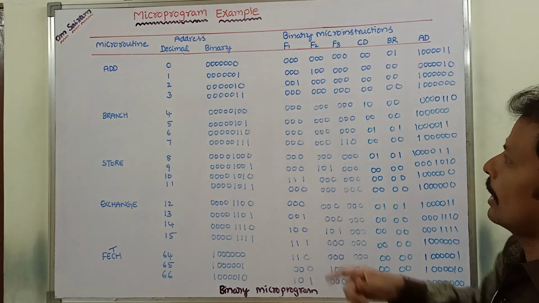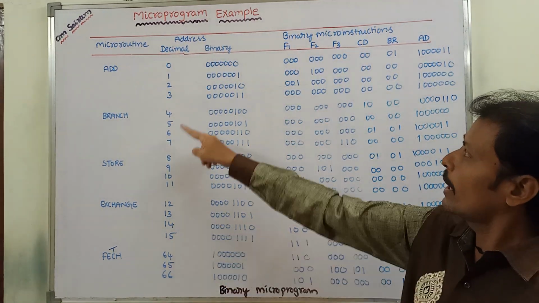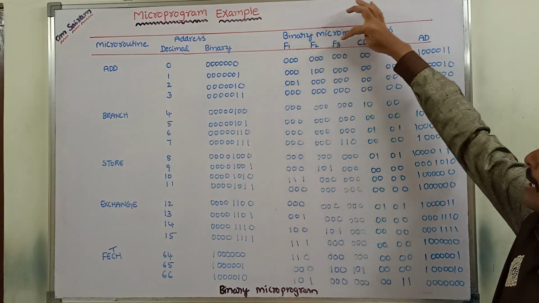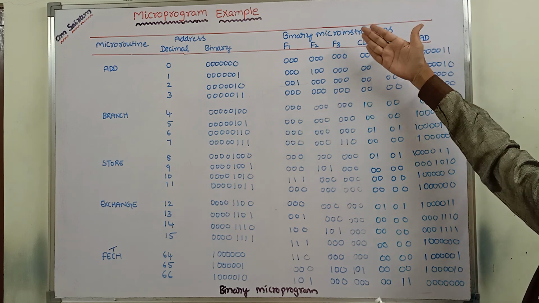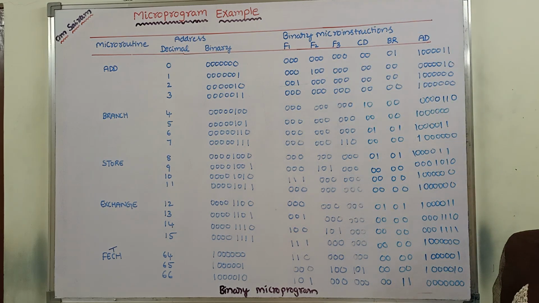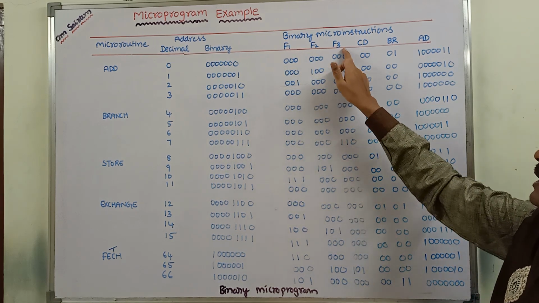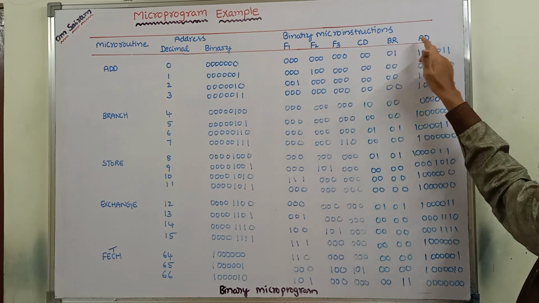The symbolic micro instruction fields are converted into the equivalent binary microprogram. A symbolic micro instruction contains the F1, F2, F3 fields, the CD field, the BR field, and the AD field.